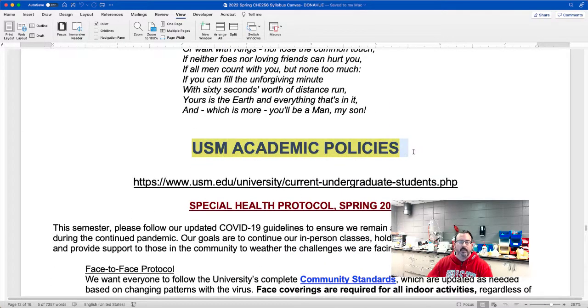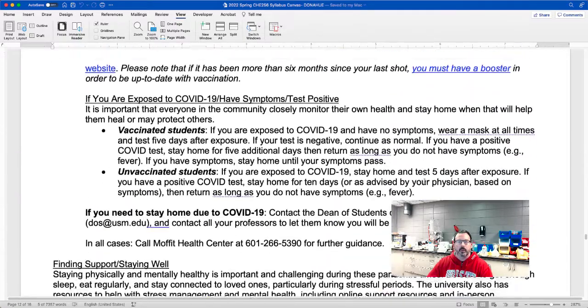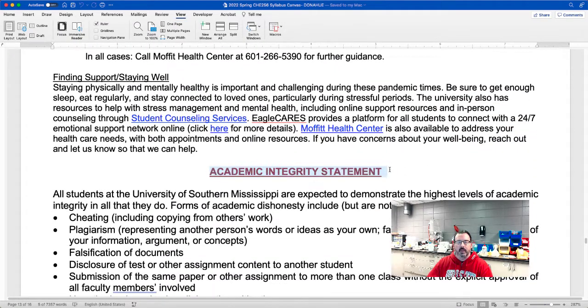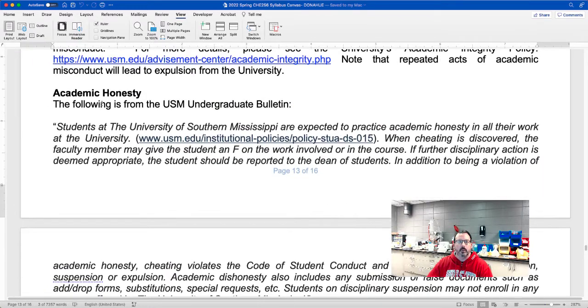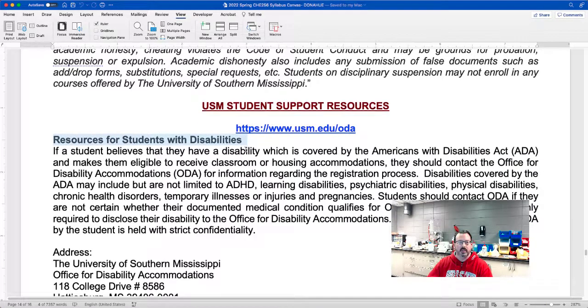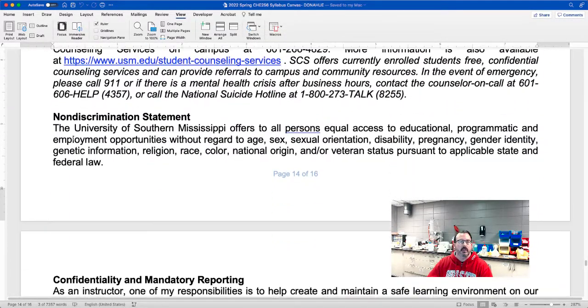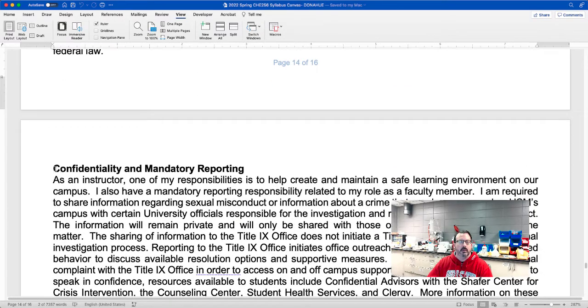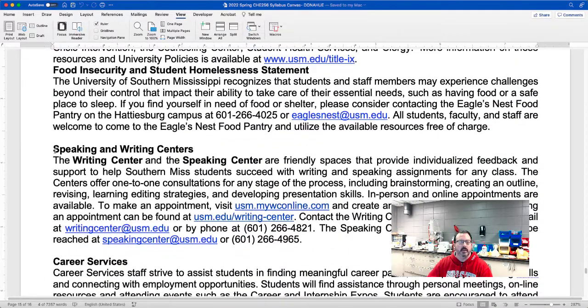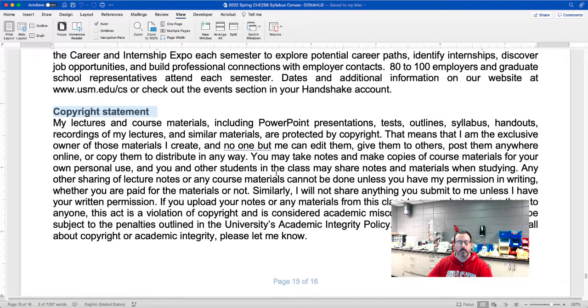The USM academic policies. I encourage you to read the updated health protocol for COVID. Here's the academic integrity statement, including academic honesty, and then USM student support resources, resources for students with disabilities, course workload statement, mental well-being, non-discrimination statement, confidentiality and mandatory reporting, speaking and writing centers, career services, and copyright statement.